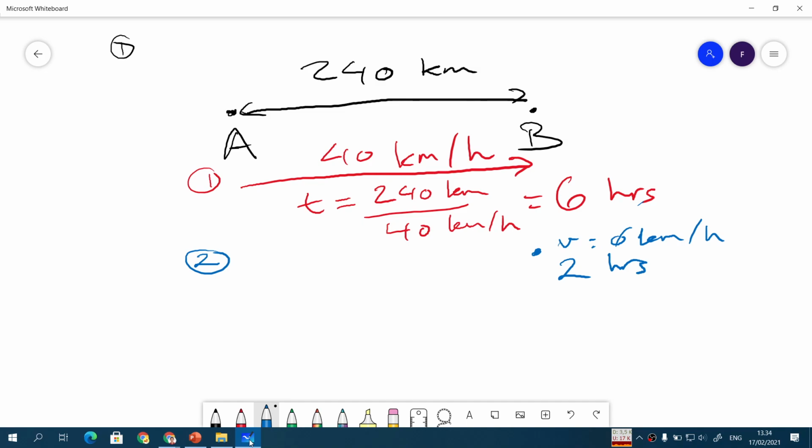So basically here the distance traveled is also 0 kilometers: v times t, 0 times 2 hours, gives 0 kilometers. And then the third movement is from B to A.